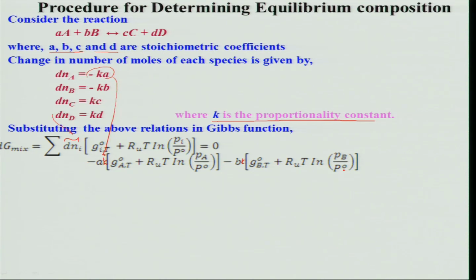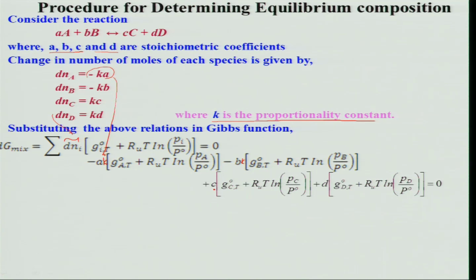And then similarly I can write it for species C and species D, which is equal to 0, because this is nothing but dG of the mixture. dG of the mixture is equal to 0 at equilibrium, you keep in mind, and we will know the temperature and the pressure also.